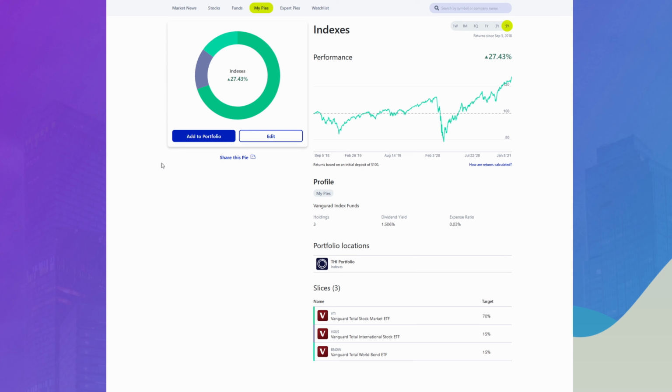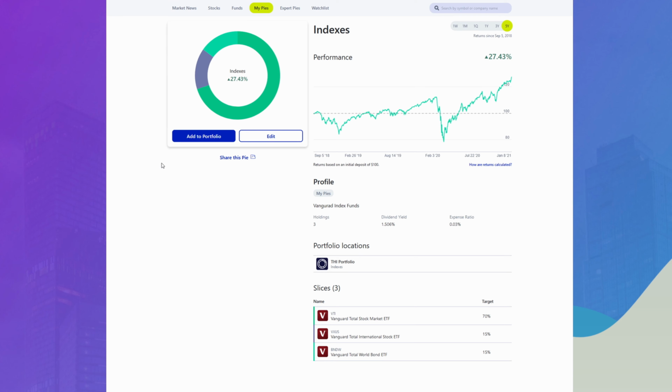Right now I have that set for 15%. Not sure what I'll do long term, because on the flip side, of course, we have stock picks, which do not hold bonds right now. But right now how we have this set up is total stock market 70%, total international market 15%, and also 15% on the total world bond market.